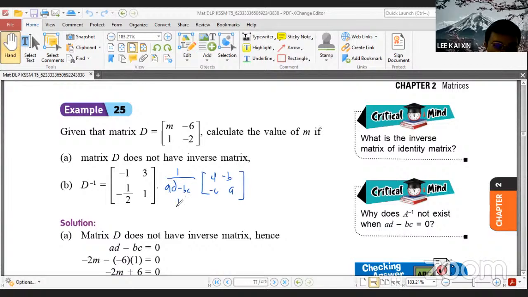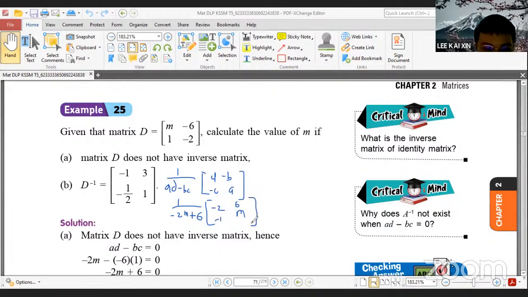For example, AD, you get negative 2M, BC minus minus, you got plus 6. Then your A is M, your D is -2, negative B you get 6, negative C you get 1.